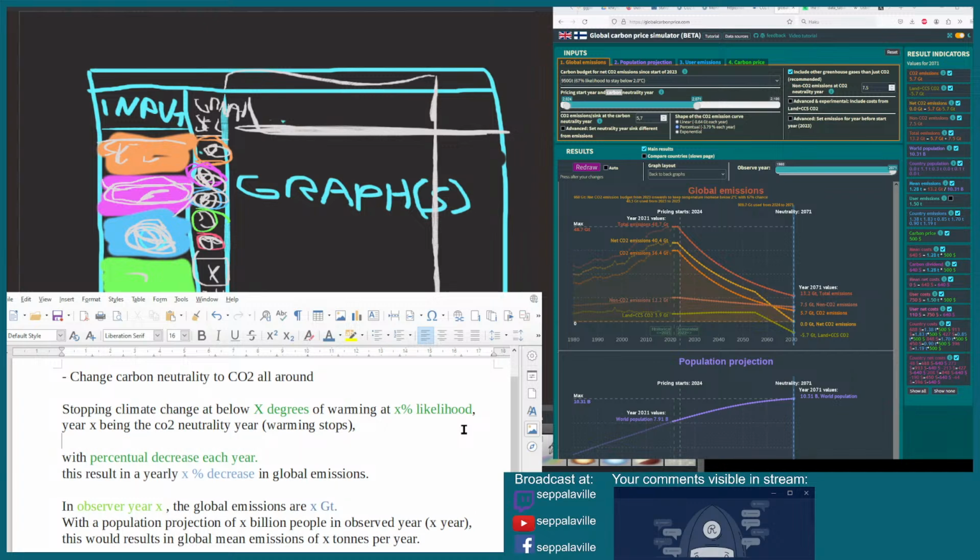So if the balance of CO2 emissions and sinks is 5.7 per year, I wonder if I could write this.